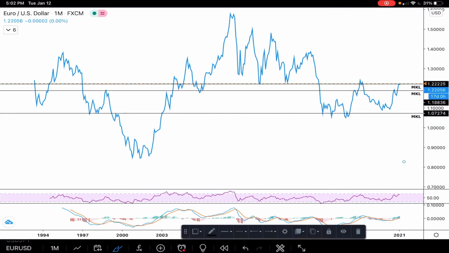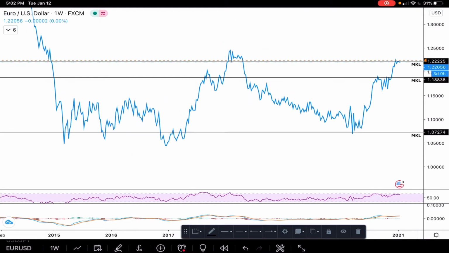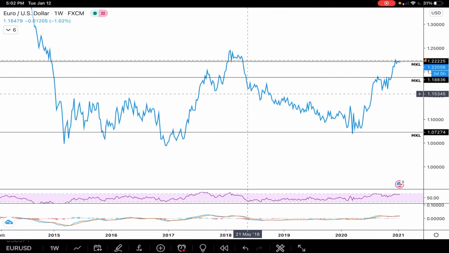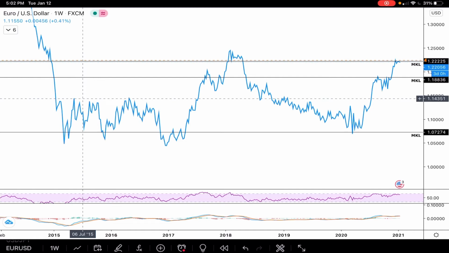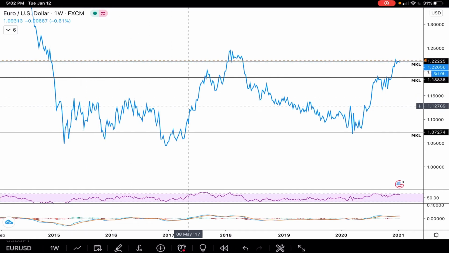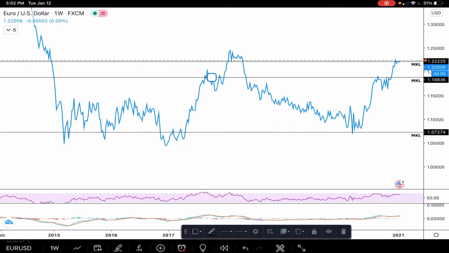So I'm going to break it down and go to a weekly, see if I see anything else. Which I do, kind of in this area right here. So I'm going to clone it.